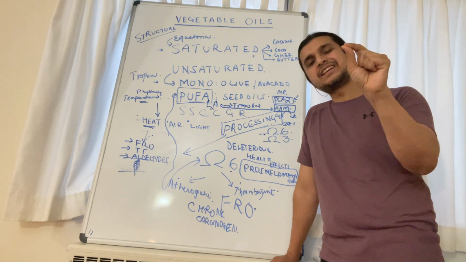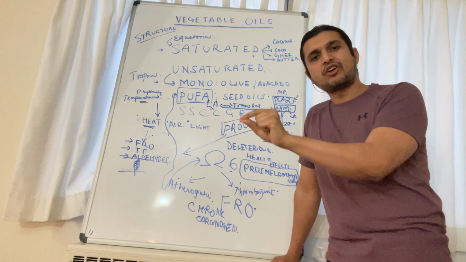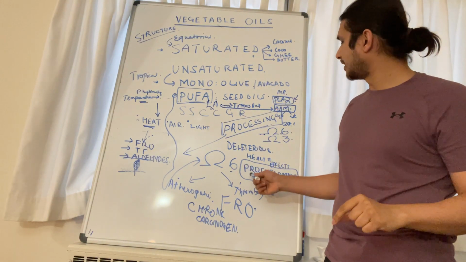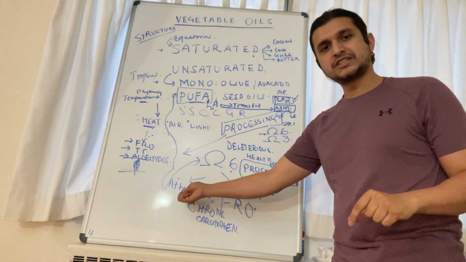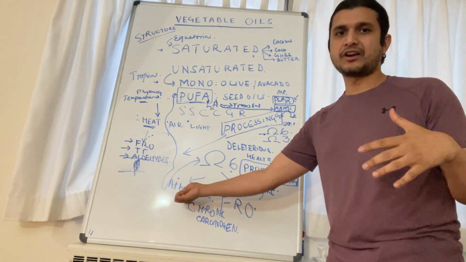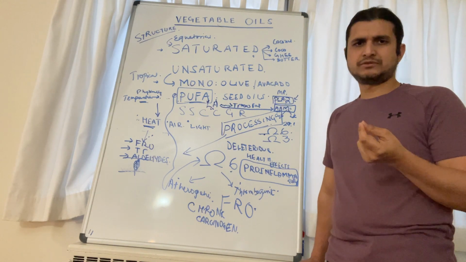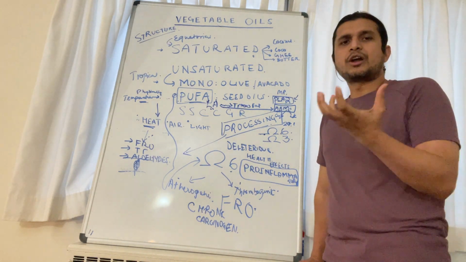Hence, omega-6, PUFA, LA, arachidonic acid causes chronic inflammation. The chronic inflammation manifests in the body as pro-inflammatory factors, atherogenic, which is buildup of cholesterol plaques, hence risk of heart attacks and strokes, peripheral arterial disease, as well as thrombogenic, which is making the blood thick, prothrombotic, making the blood extremely liable to forming coagulation.